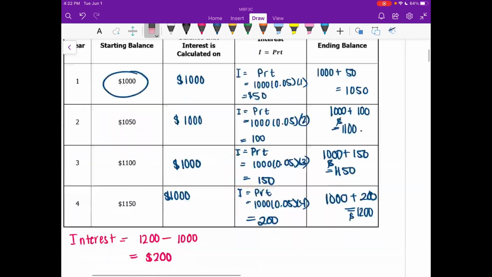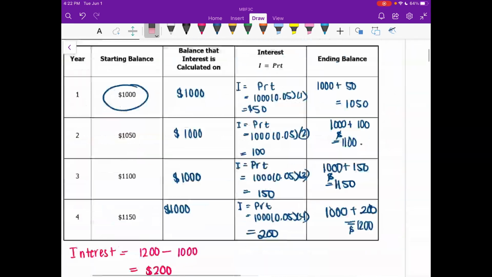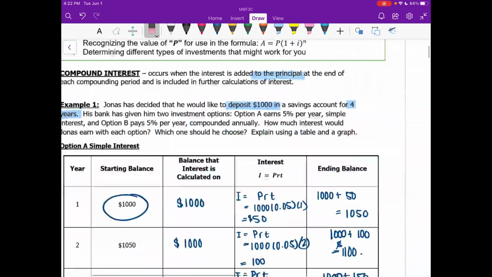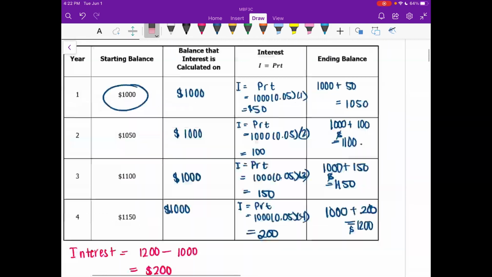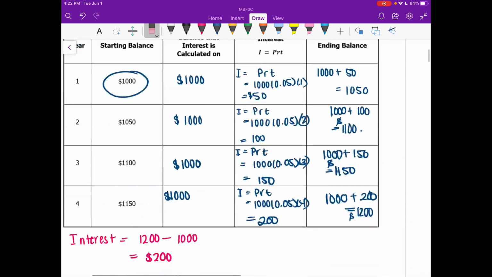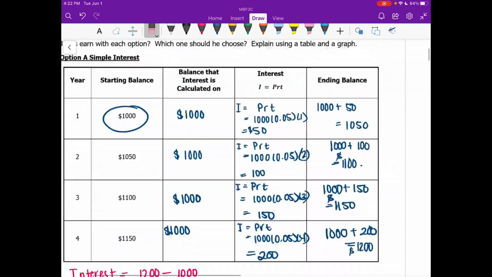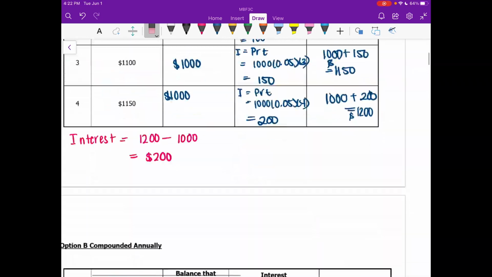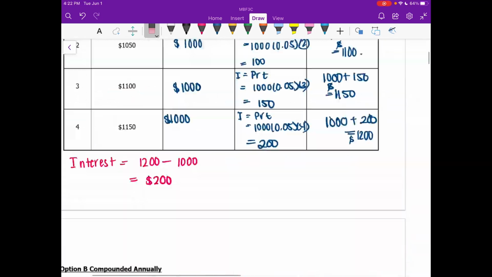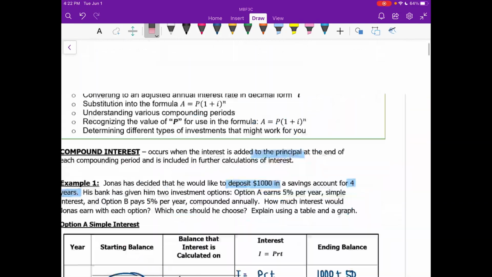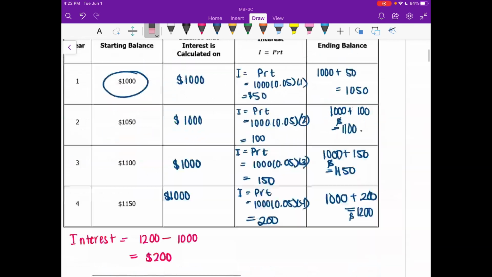Now, instead of charging it back on that 1,000 you had originally invested, what the bank does now is it reinvests your new balance. So instead of being calculated on the 1,000, you're calculated on the 1,050 now, right?